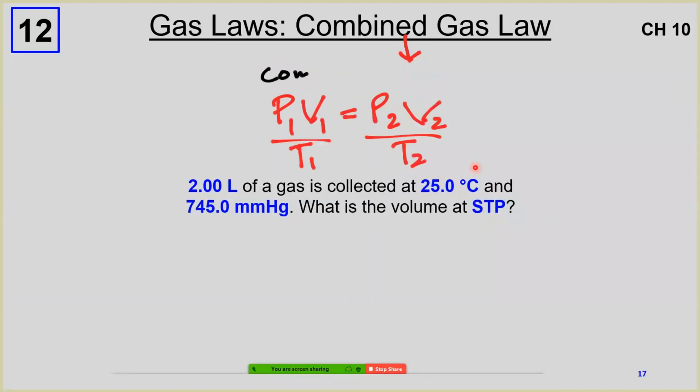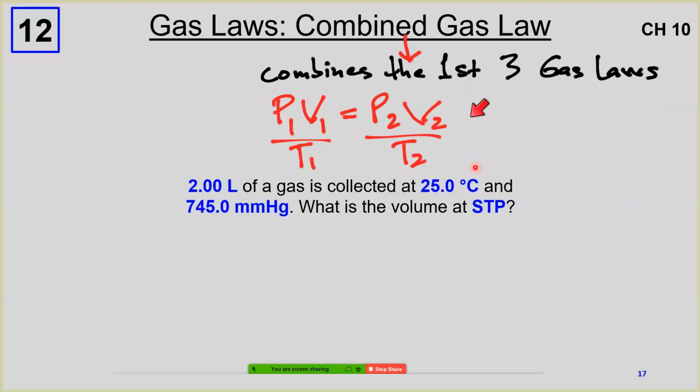Again, this combines the first three gas laws. We don't have the third variable here, which is the number of moles. So that means that N is constant. The number of moles isn't changing.